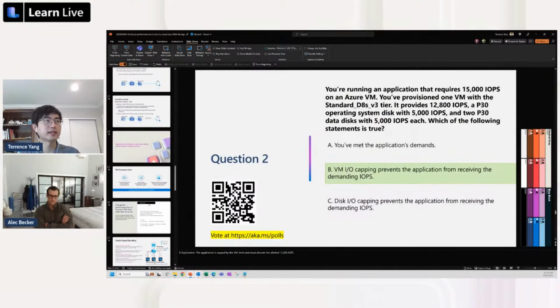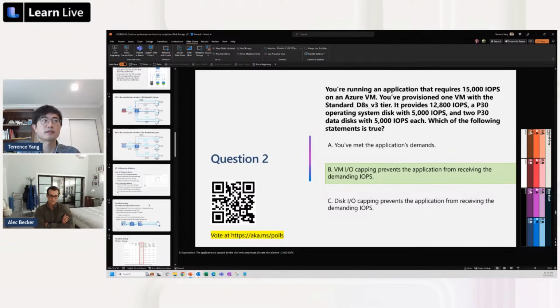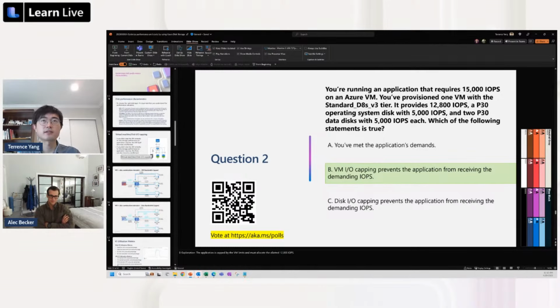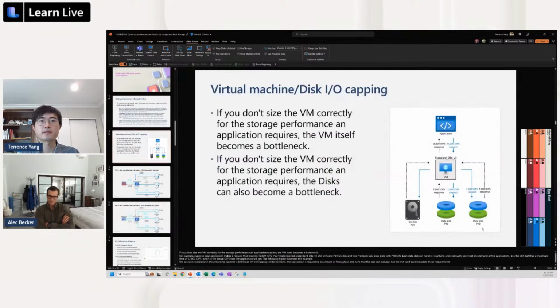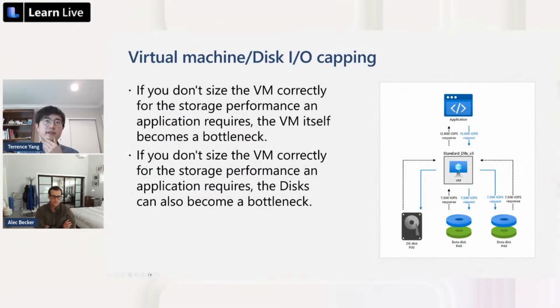if we revisit the earlier slide here, the application requires 15,000 IOPS. However, the VM can only provide 12,800 IOPS.